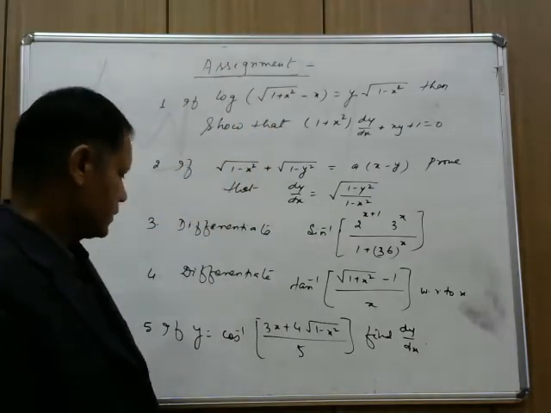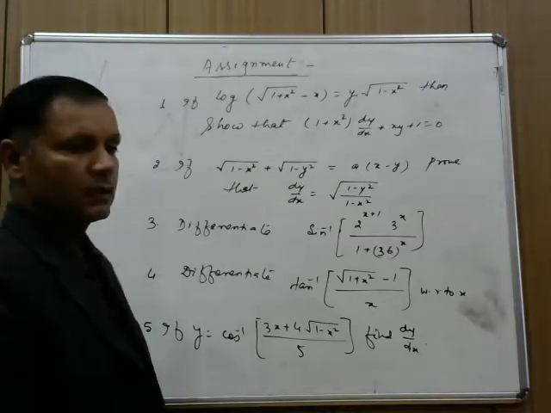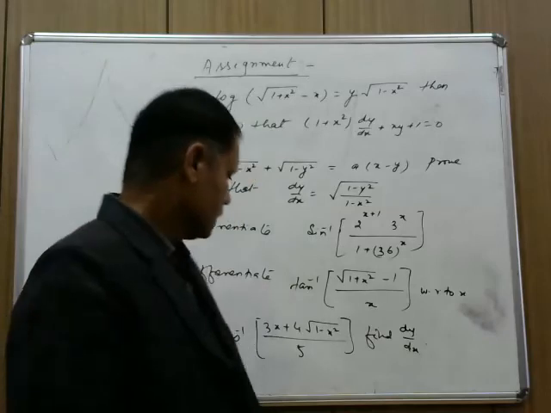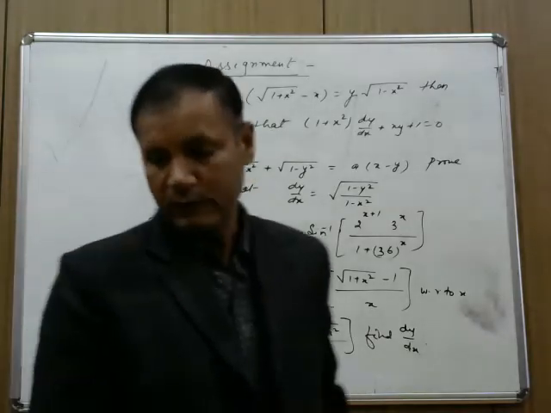Fifth one is, if y is equal to cos⁻¹ of (3x + 4√(1−x²))/5, then find the value of dy/dx.